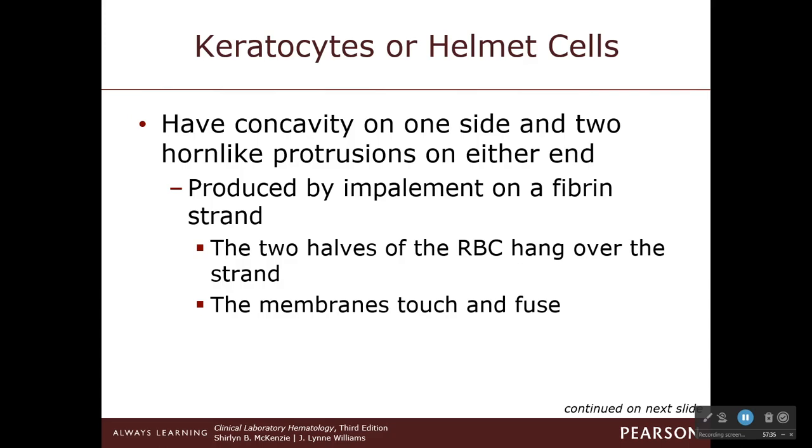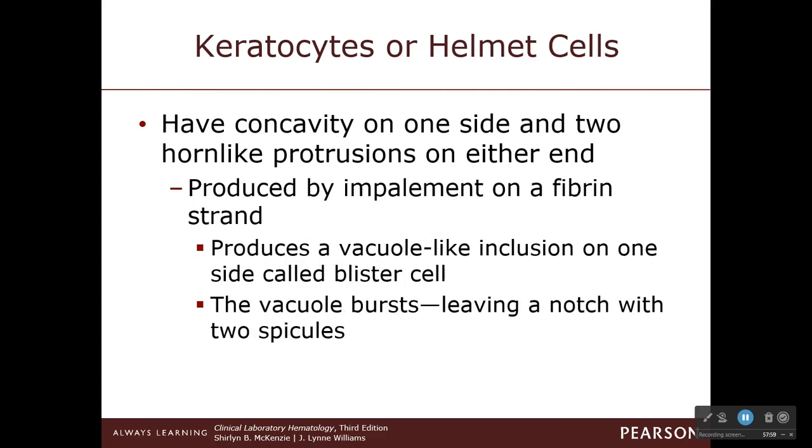All right. Keratocytes or helmet cells. And most people call these helmet cells, is what they refer to them as. Okay? We've talked about this before. It's produced by impalement on a fibrin strand. Kind of gives them little horn-looking things, or they look like the old-timey helmets. Okay?